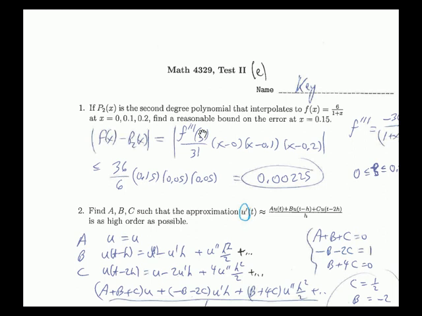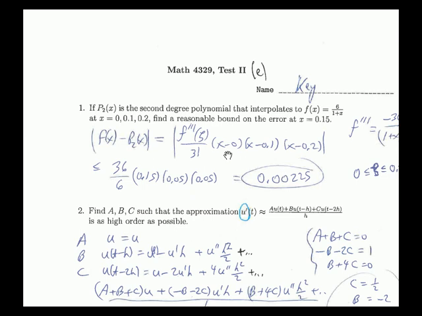All you know about the point is that it's between 0 and 0.2. It's not 0.15. It's anywhere between 0 and 0.2. So the biggest it could be is when x is 0, so minus 36, absolute value 36, divided by 3 factorial, then just plug in x equal to 0.15 and grind it out.